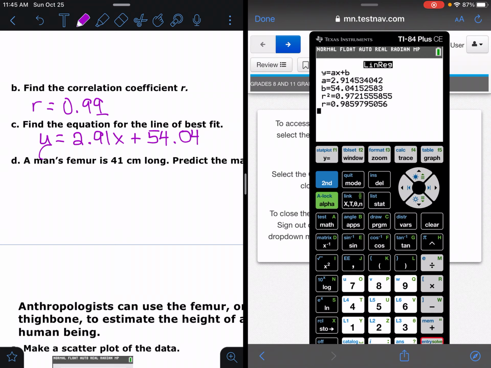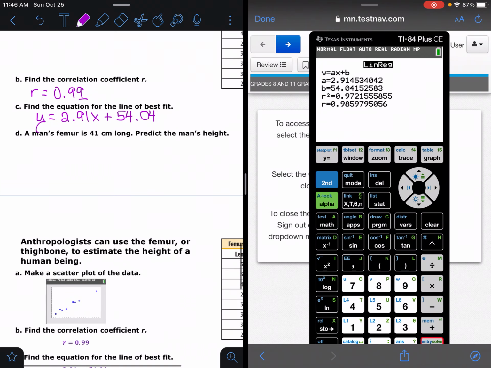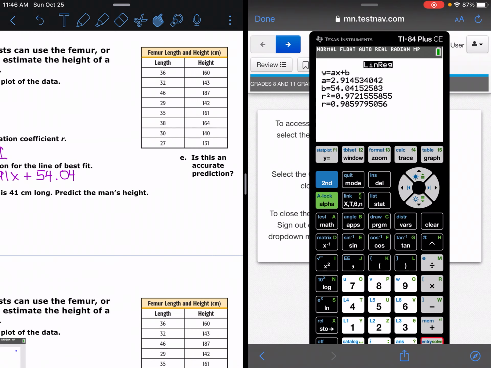This is my linear model. It's my line of best fit. You could type it into the y equals screen and draw it in there if you want, but this is the model that I want to use to predict. So the next thing is, it says a man's femur is 41 centimeters. Predict the man's height. Up here, femur length is x, height is y.